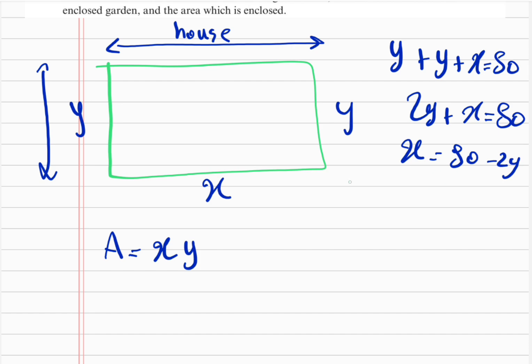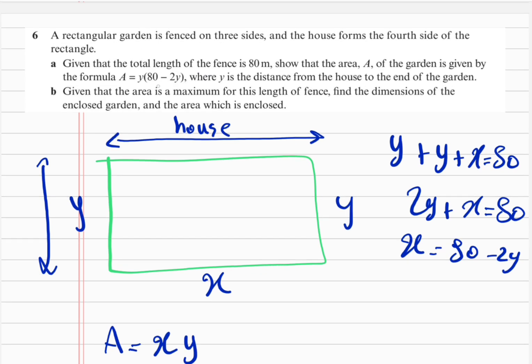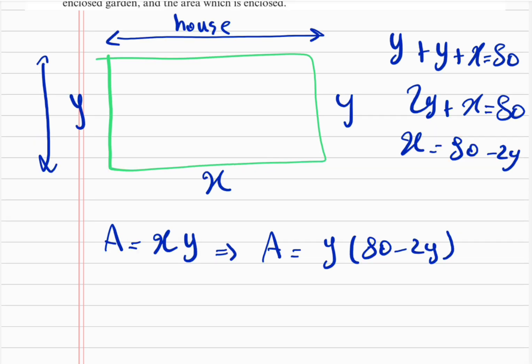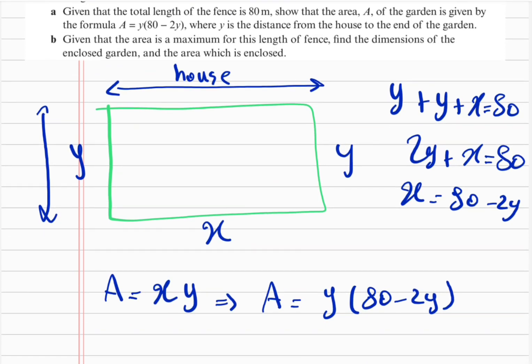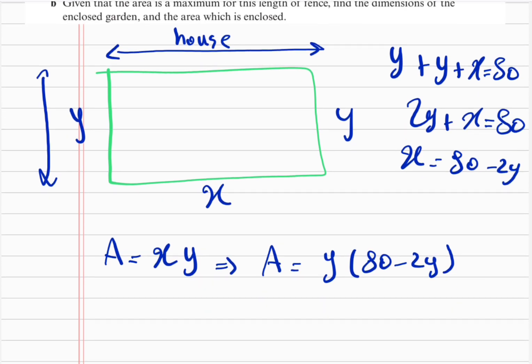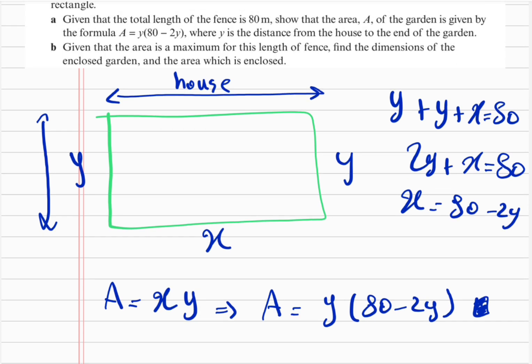We can substitute this into x, so we have the formula in terms of y, because the given formula is also in terms of y. Substituted into the formula, this gives us y times 80 minus 2y, and that's exactly the form that they asked. So this is basically the area of the garden.